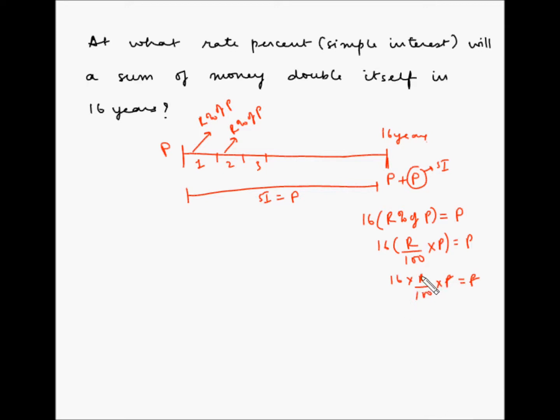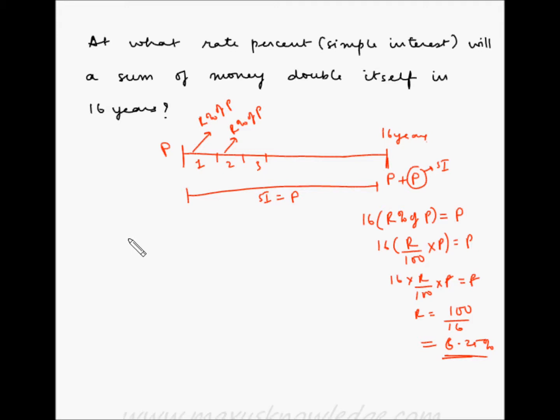So bringing R on one side and all the numbers on the other side, R is equal to 100 divided by 16, which is equal to 6.25%. So at 6.25% per annum, at the end of 16 years, your money will be doubled.